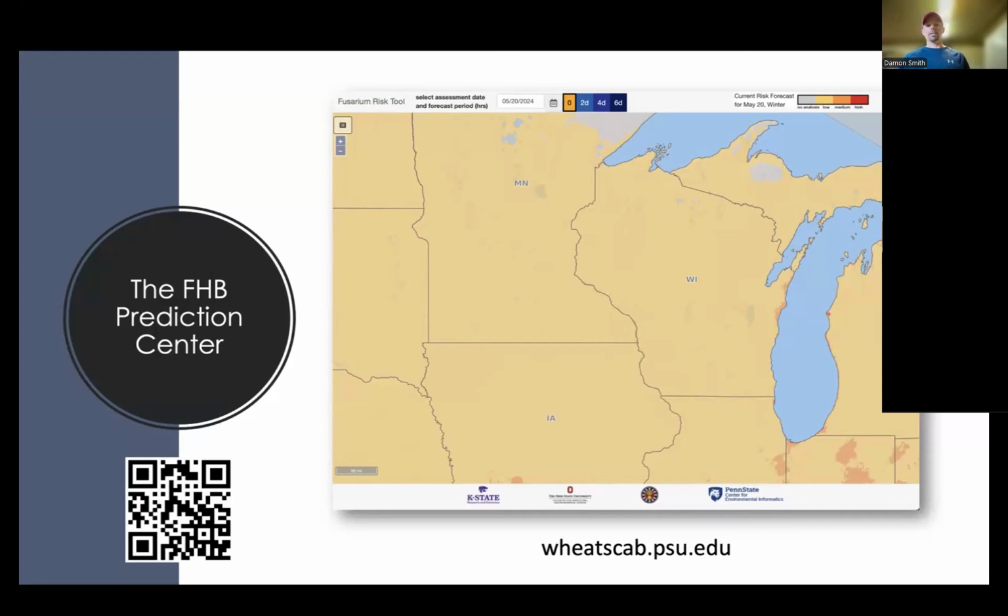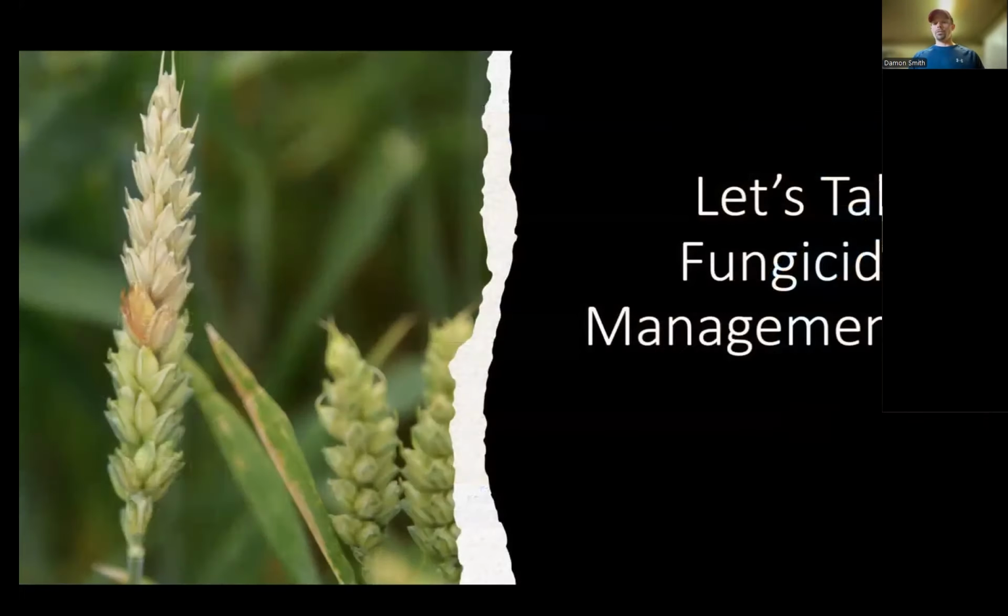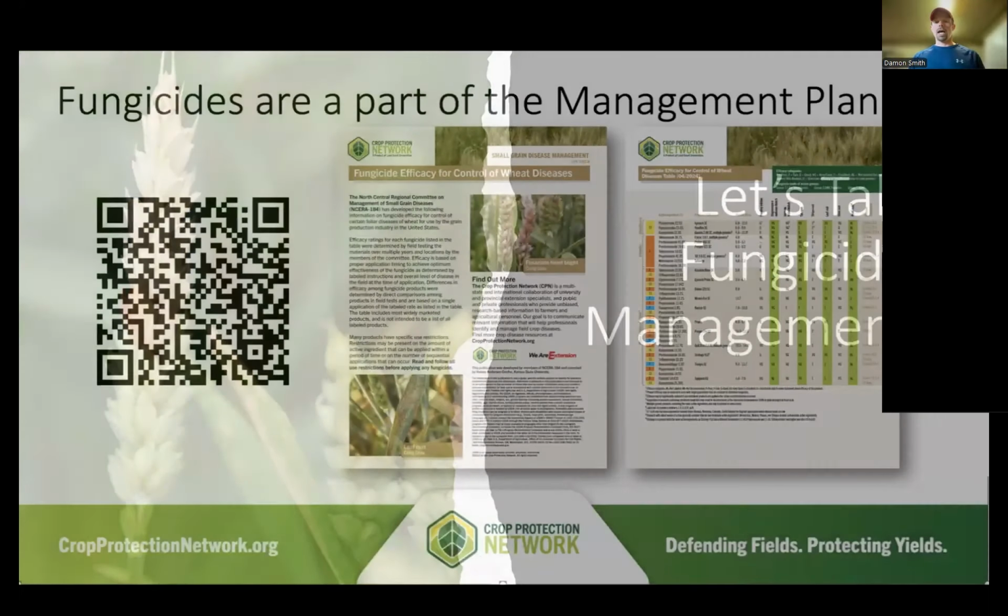I'm expecting this to turn around pretty quickly if we can get some of this heat that we're seeing in the forecast. So what I'm thinking at this point, we probably need to put that fungicide application out for head scab, and we're also going to be able to control stripe rust with that fungicide application. We're going to talk a little bit about how we make that decision in terms of when to go with that fungicide application timing.